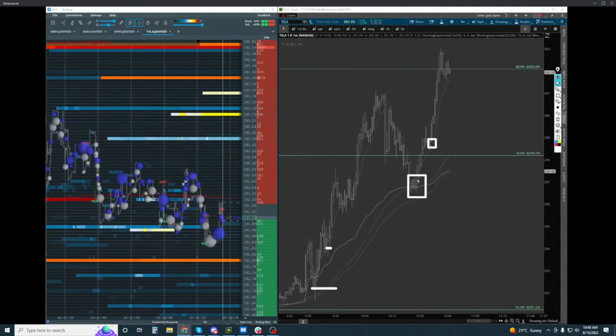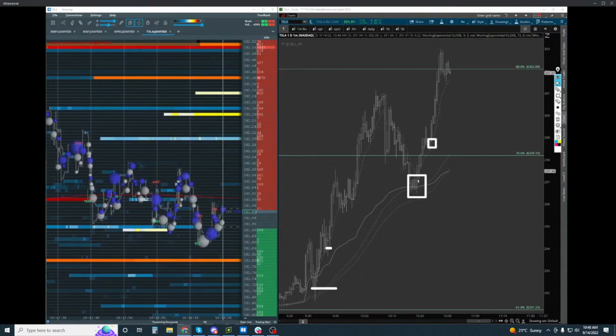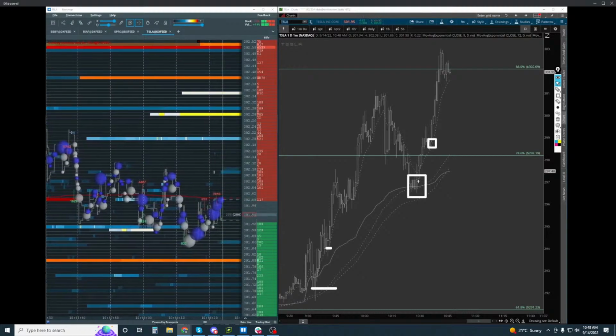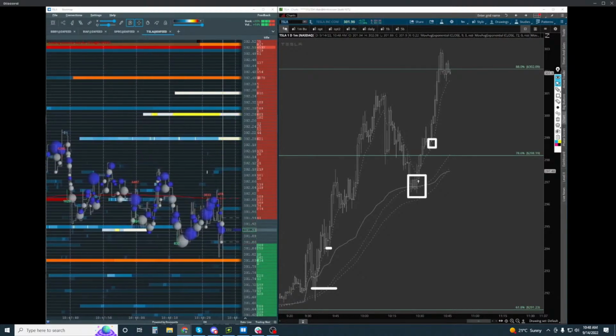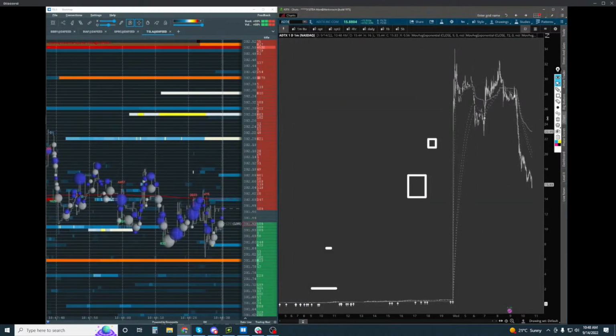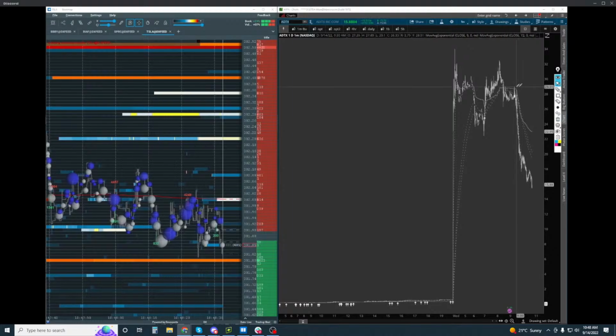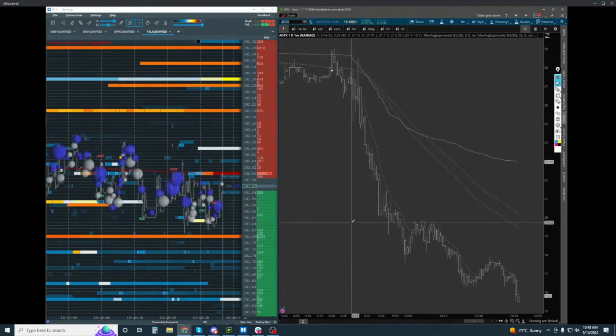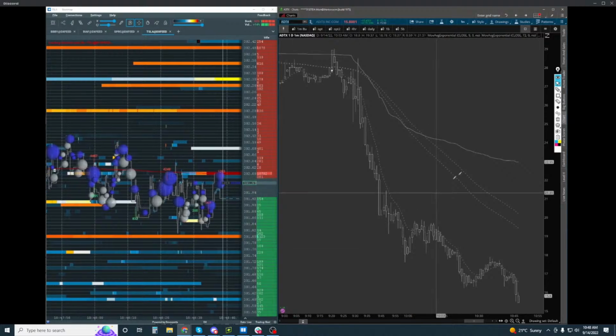There's a question or request to look at ADTX. Yeah, it was one of the main gappers this morning. This came from a reverse split.